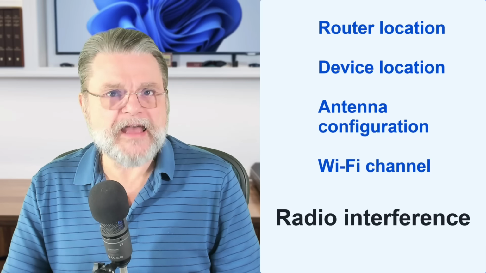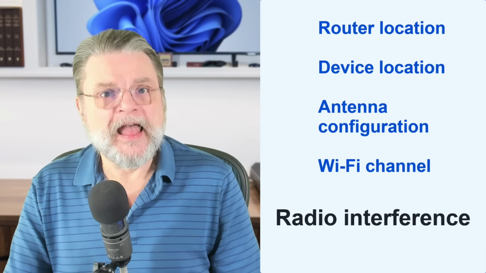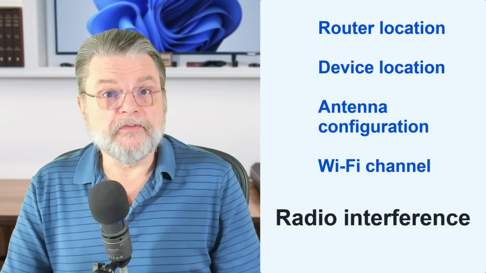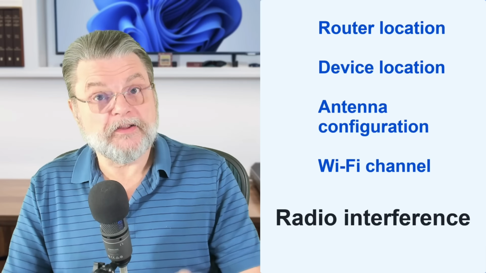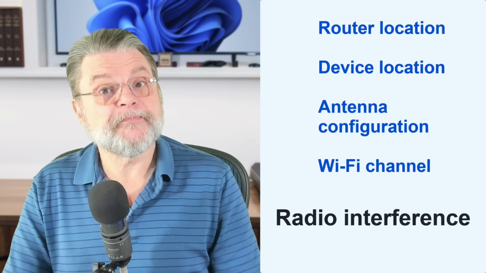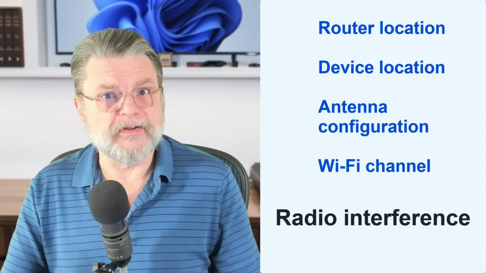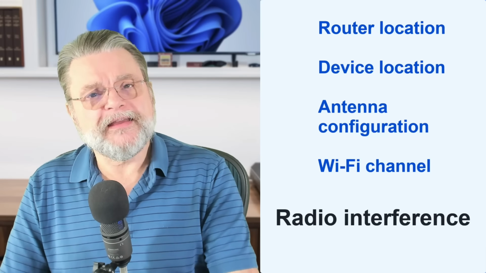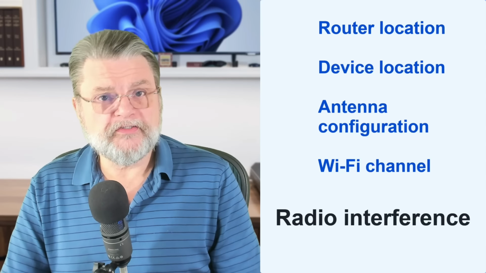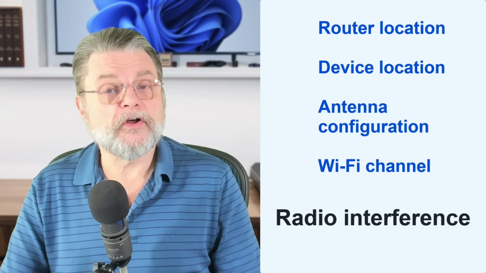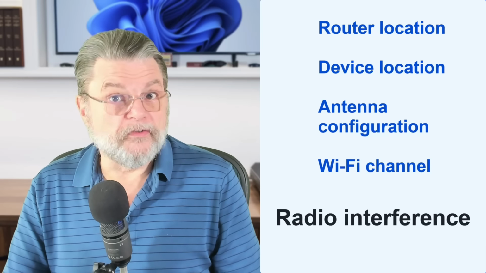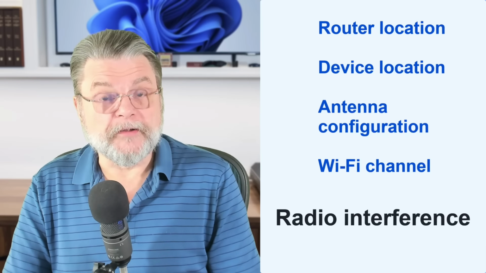Other devices can, in fact, cause interference. For example, many cordless phones operate on a frequency that is very close or actually overlaps with Wi-Fi. So all of a sudden, when your phone rings, your Wi-Fi drops out or gets really slow. So the other thing then to look for is other devices that are generating electrical noise close to your router, the device you're using, and so on.